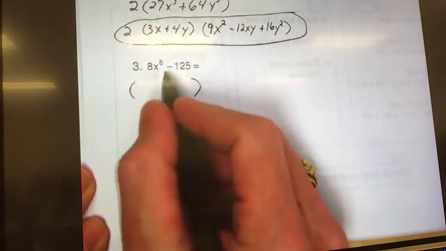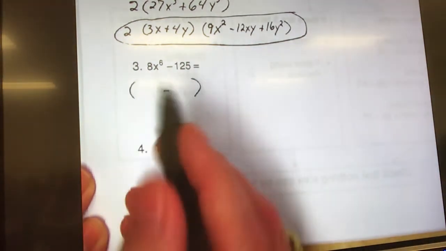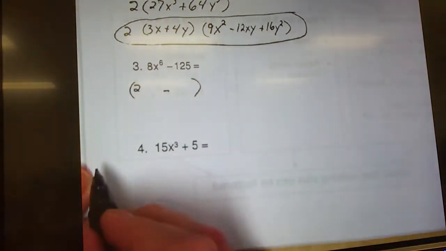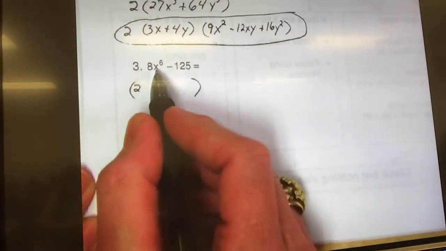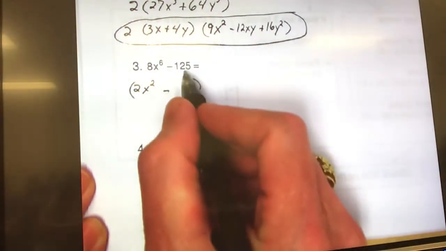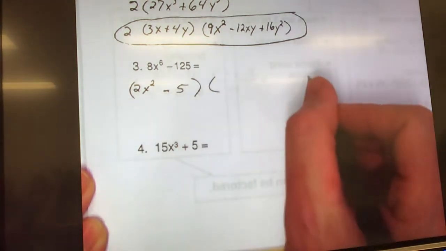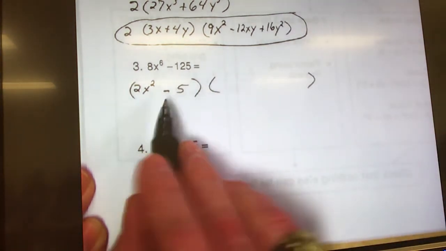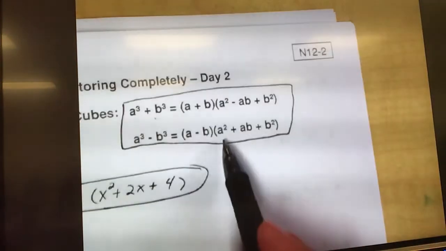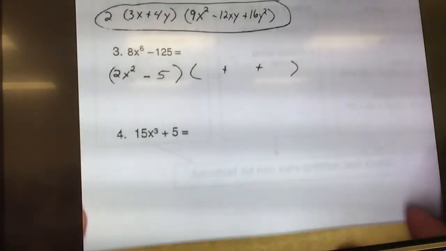And because it's a minus, we throw a minus right here in the middle. So you already told me the cube root of 8 was 2. You said the cube root of x to the 6th would be x squared. And then the cube root of 125 is 5. So here we go, our longer one, following the subtraction formula. That means a plus and a plus. Okay, a squared.